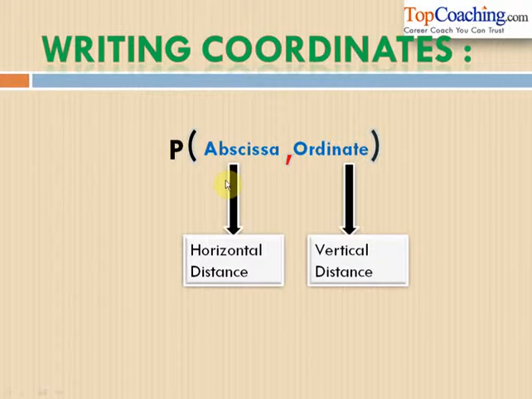So abscissa is the horizontal distance and ordinate is the vertical distance of any point from the two axes. So once again, we write coordinates in this manner. We always write the abscissa first and it is followed by the ordinate, and these two are separated by a comma. Abscissa is nothing but the horizontal distance of any point from the y-axis, and ordinate represents the vertical distance of any point from the x-axis.